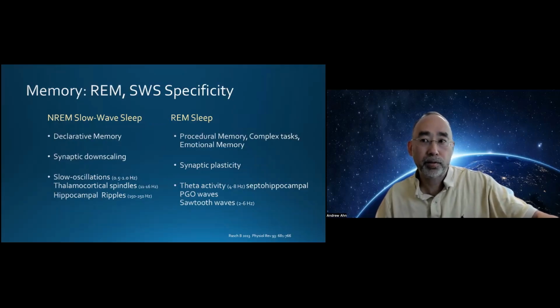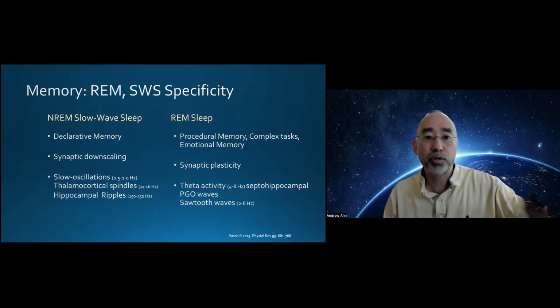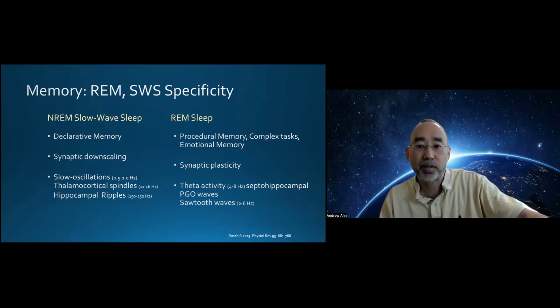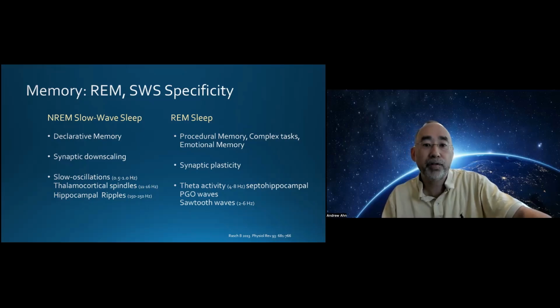So to summarize, non-REM slow wave sleep and REM sleep play distinct, complementary roles in memory. Non-REM, with its slow oscillations, spindles and ripples, is crucial for declarative memory consolidation. REM sleep, in contrast, with its theta activity, is critical for procedural memory, complex tasks, and emotional memory, achieved through synaptic plasticity.